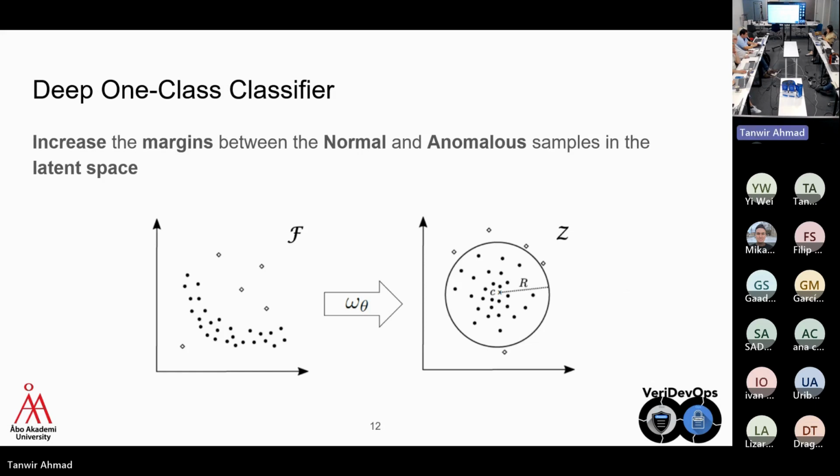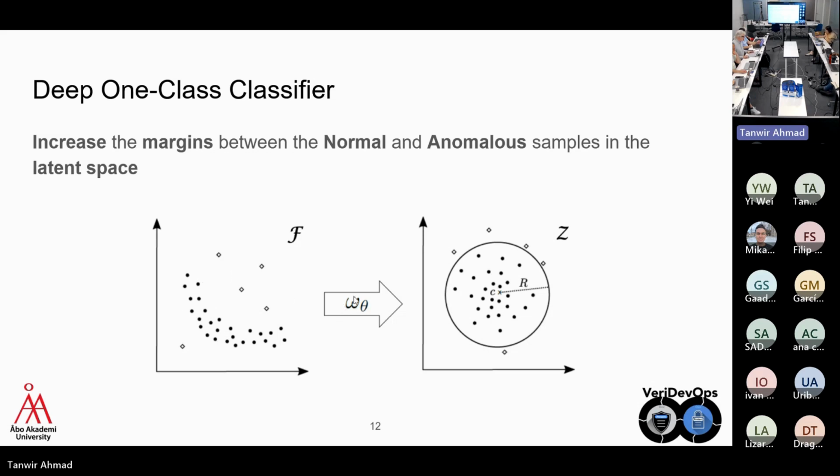In this approach, for anomaly detection, we adopted a deep one-class classifier. The basic idea behind this concept is that, for example, we have this normal or actual representation of samples on the left side. We can say that these circles are the normal traffic, and these diamond shapes are the anomalous traffic in the original space.